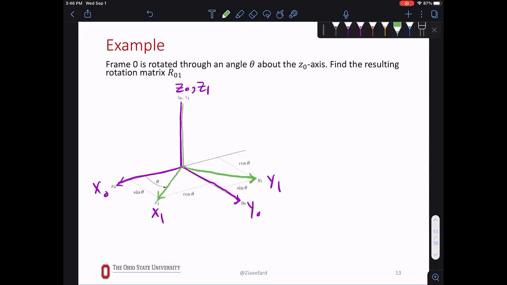So rotation happened around the axis. Oh, it's fine. This is not big enough. Okay, so let me show you.